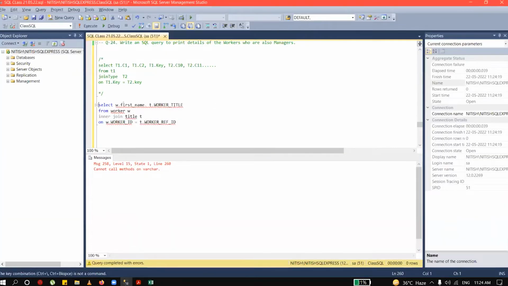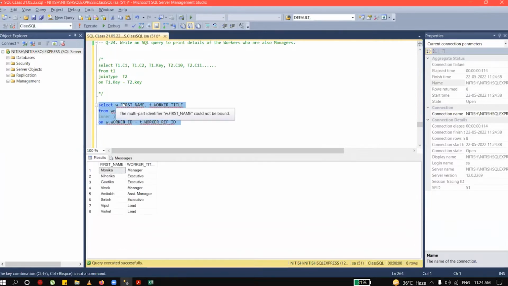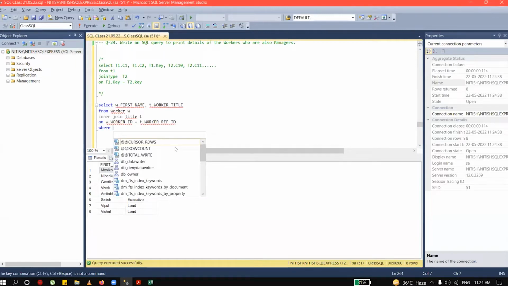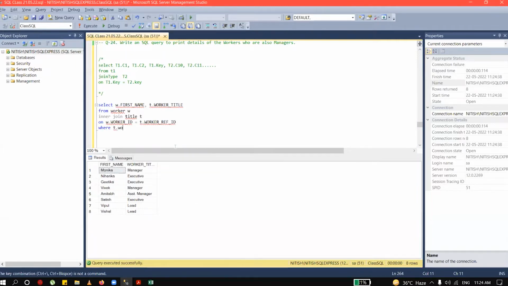First name, and this is a comma. So first name and worker title I have got. What else do I need? Where worker title, that is T dot worker title, is equal to manager. And done. Here are the two records that we are looking for.